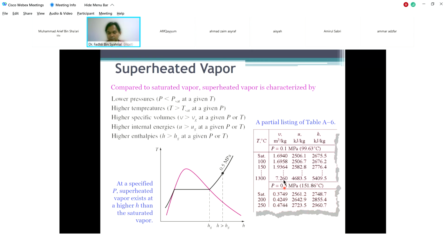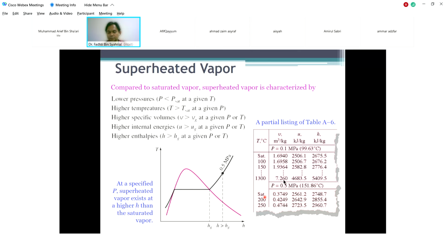Then the given temperature is 200. So look at 200, and you are asked to find the specific volume. So the specific volume is 0.4259 at 200 degrees C and pressure 0.5 megapascal. If you are asked to find the enthalpy, this is the value, 2855.4, at 0.5 megapascal and 200 degrees C.